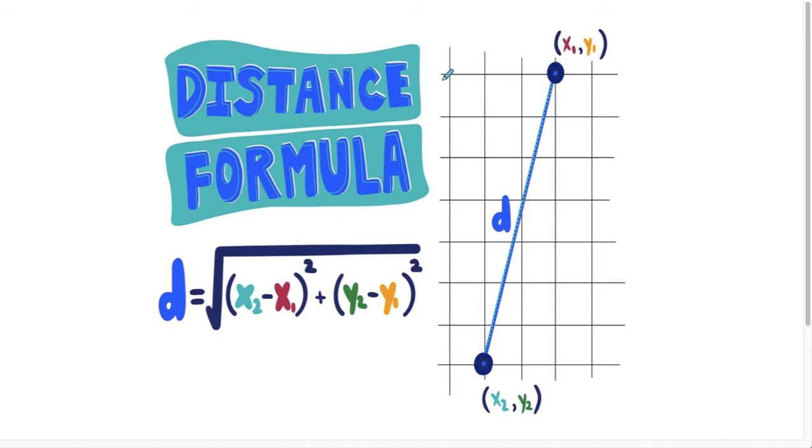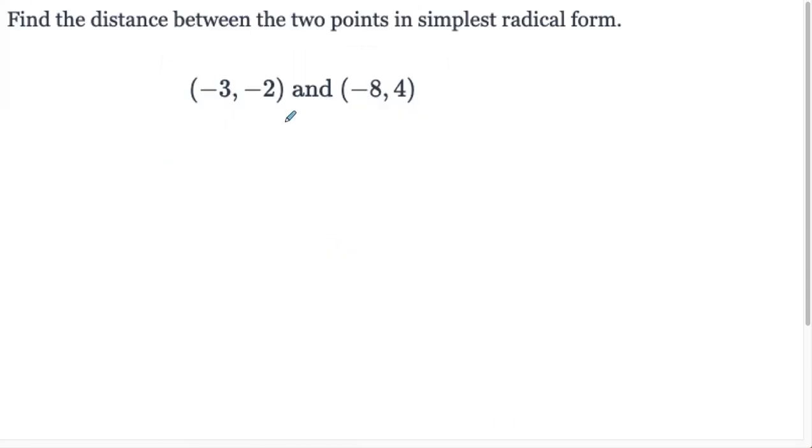The distance formula states that the distance of a line is equivalent to the square root of the difference of your x's squared plus the difference of your y's, all squared. If you're given 2 points, I want you to start labeling them so that you know which one is your x and which one is your y. Your first point is x1, y1, and your second point is x2, y2.